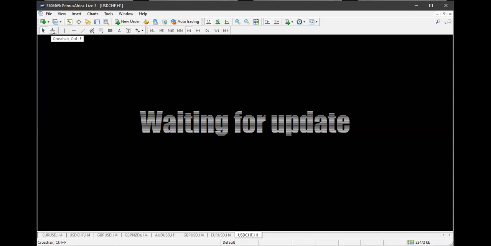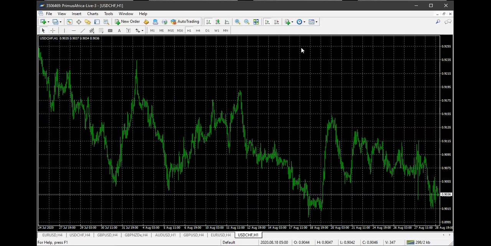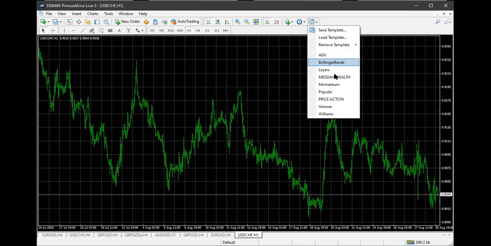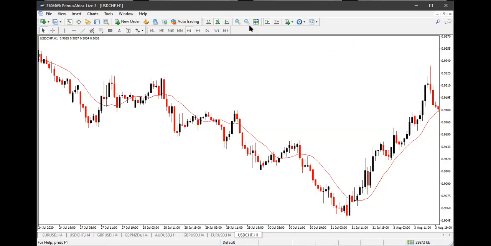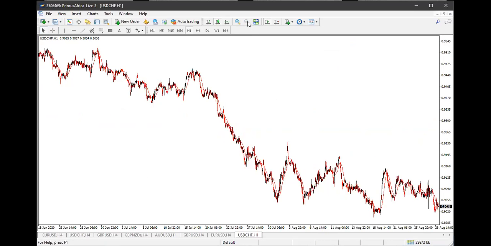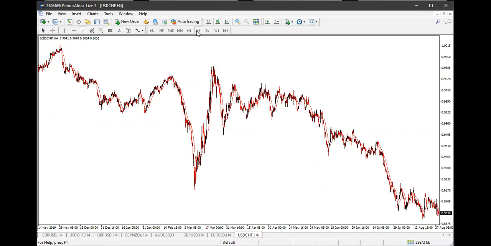Why can't you just follow simple instructions and follow these patterns, and become a profitable trader? You see these patterns, they are there. You can see how this market did this. Okay, let me put it on 4 hour.